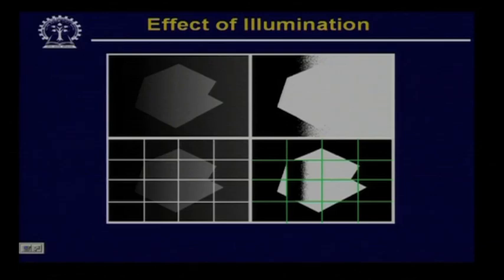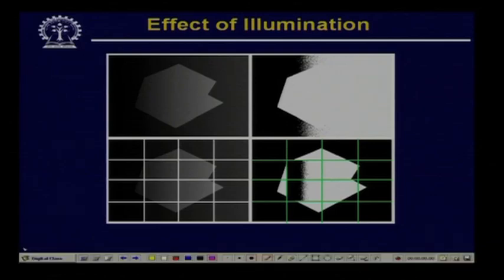As we said, for this kind of image where the illumination is non-uniform, if I apply a single global threshold, the thresholded output that we are going to get is something like this. Here you find that the thresholding has failed miserably.